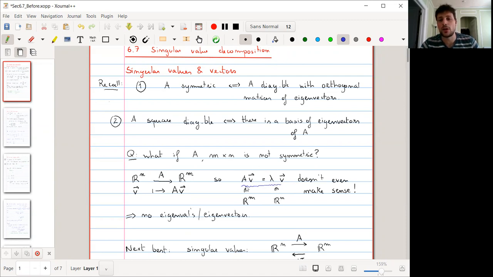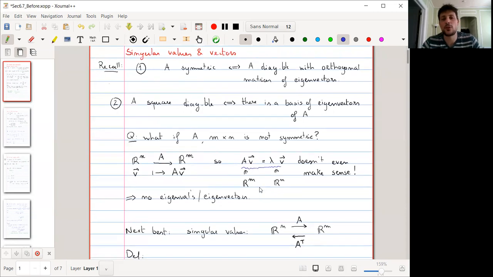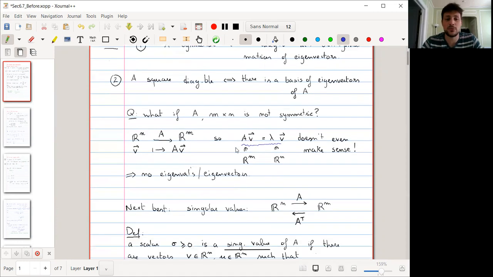So this is impossible. We can't use eigenvectors and eigenvalues to make these matrices look nice. Of course, we can't diagonalize them because they're not square, but we would like to do something similar with a matrix that is not symmetric.